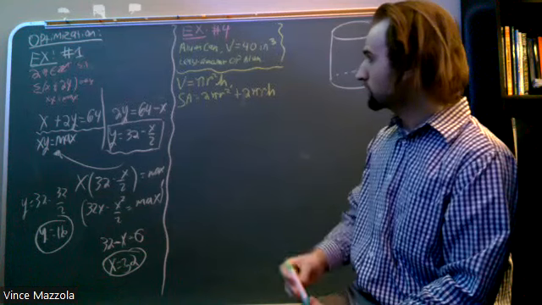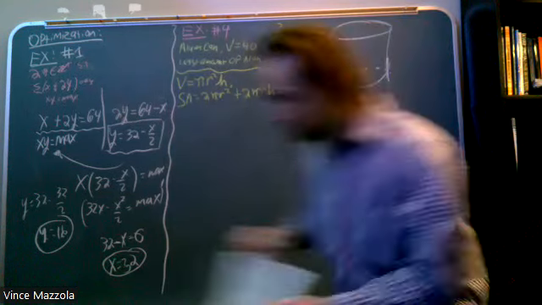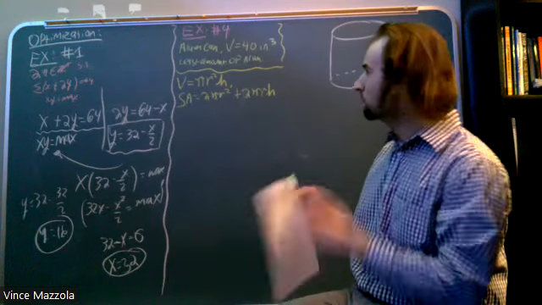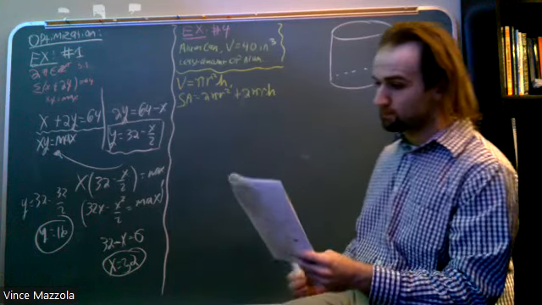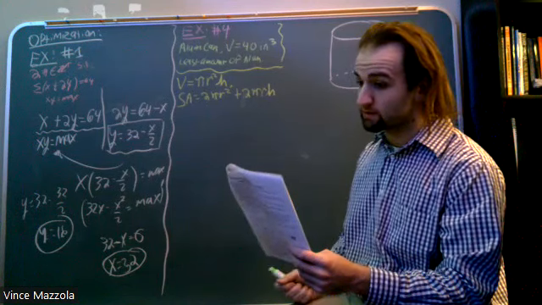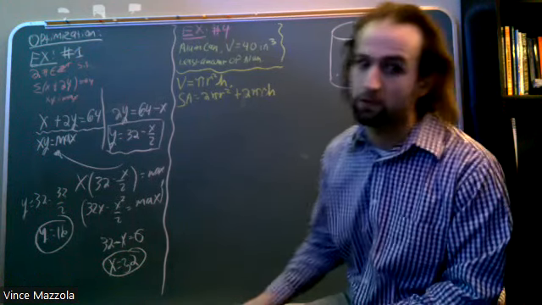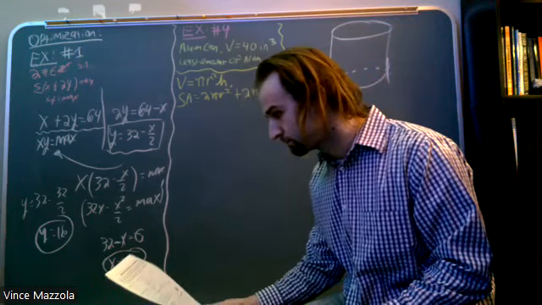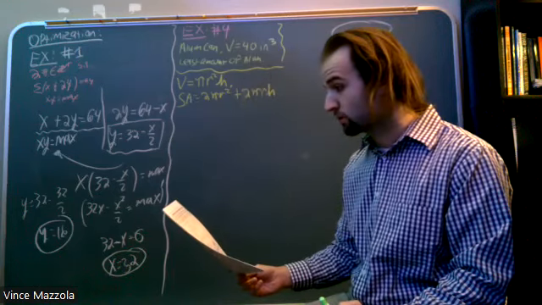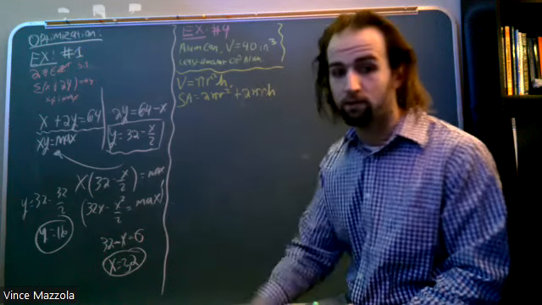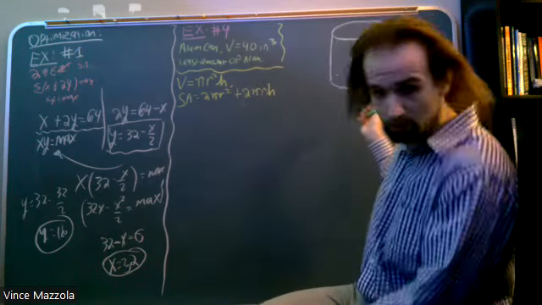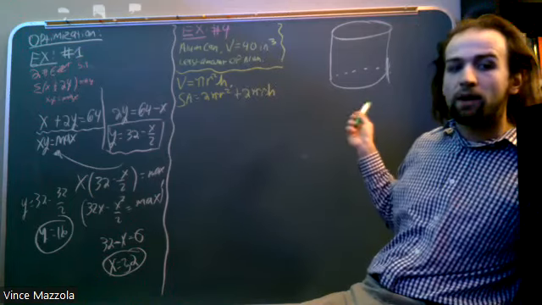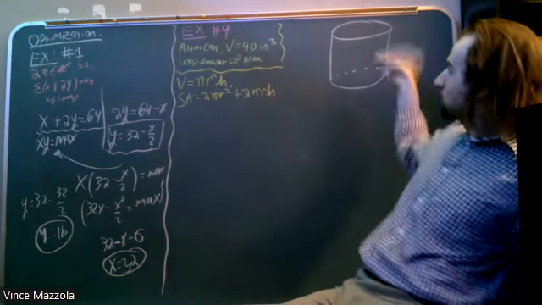All right, question 2, or example number 4, is about the aluminum can. Here, we're trying to find the least amount of aluminum we can use that can hold a 40 cubic inch volume. Now here's an actual really cool example, because engineers and factory workers use this all the time to maximize profit.